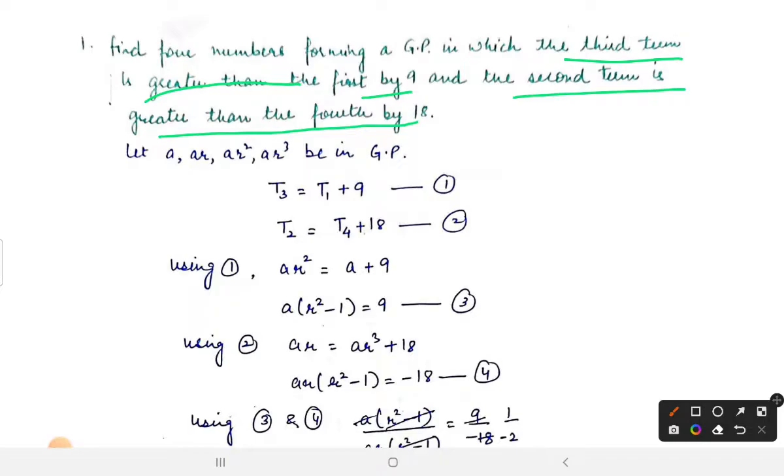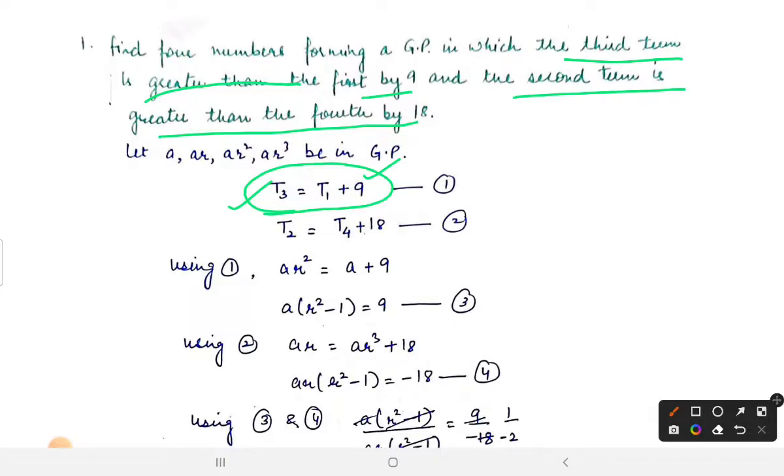So we have the relation: the third term T3 is greater than the first term by 9. To make them equal, we have to add 9 to term 1.